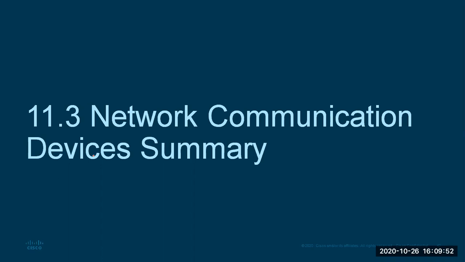The intermediary devices we discussed, like the routers, switches, bridges, and hubs, actually function in the data link and the network layer, that's layer 2 and layer 3 of the OSI model.